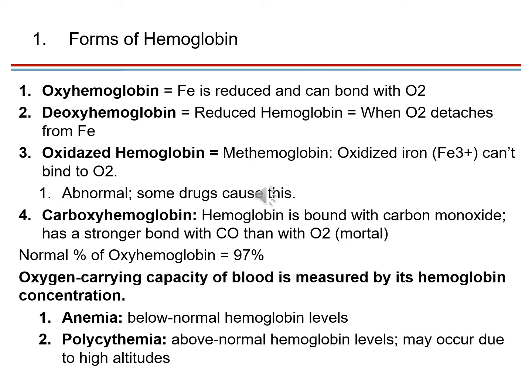Now, hemoglobin is another way to measure the oxygen carrying capacity of blood, and that is to measure the hemoglobin concentration. In lab, for those who are taking lab, you were exposed to different lab exercises that use the measurement of hemoglobin.